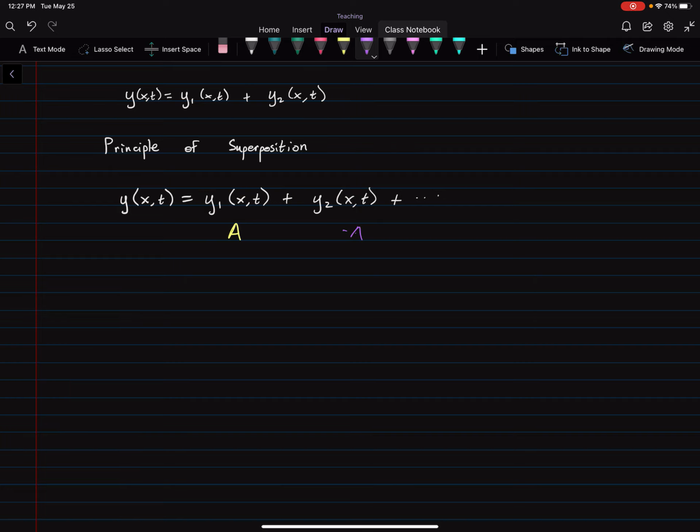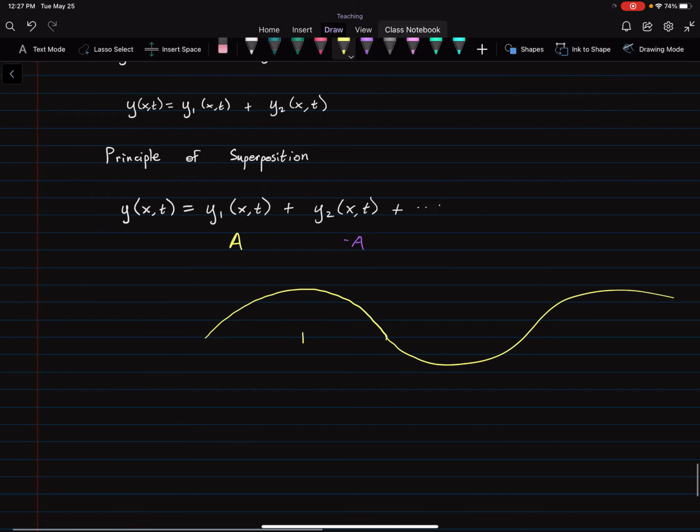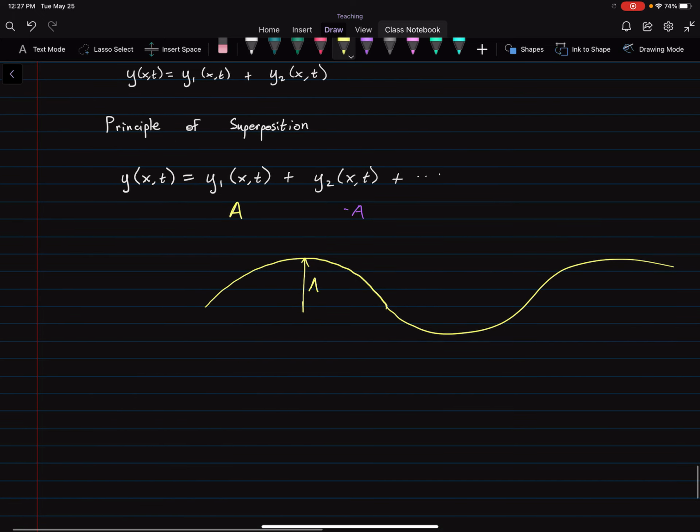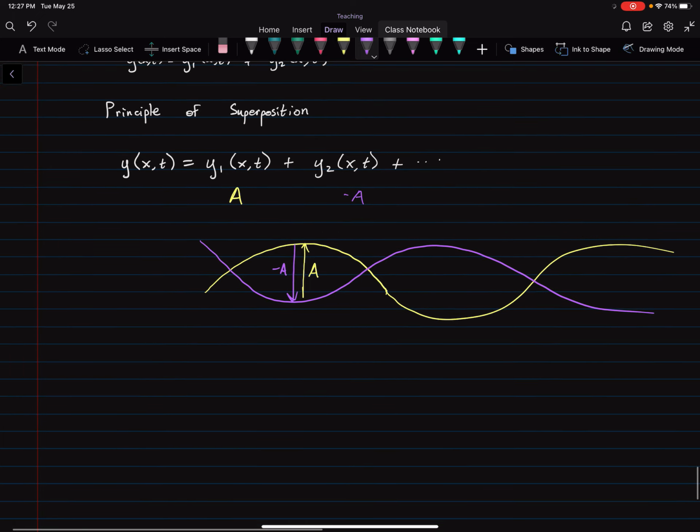If y1 at the point that we're looking at is a, well, we could have this other wave that's overlapping completely inversely, and its displacement is negative a at that same exact time and place.